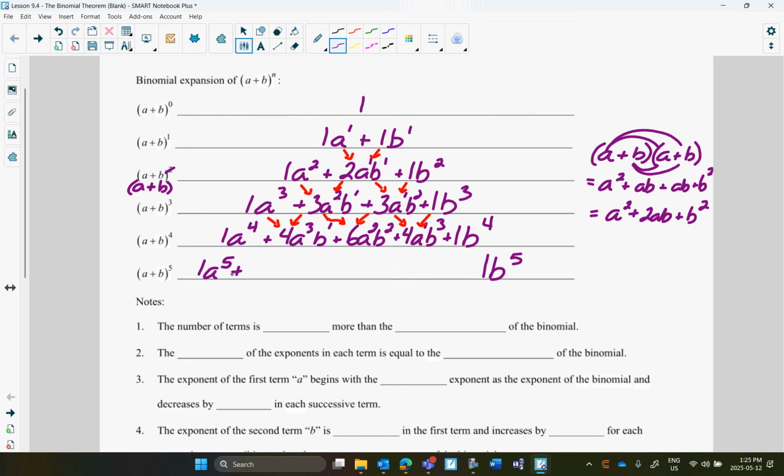So this is 5 a to the 4th, this goes down, b to the 1, plus 10 a to the 3, b squared, plus 10 again, a squared, b cubed, and then plus 5 a to the 1st, b to the 4th.